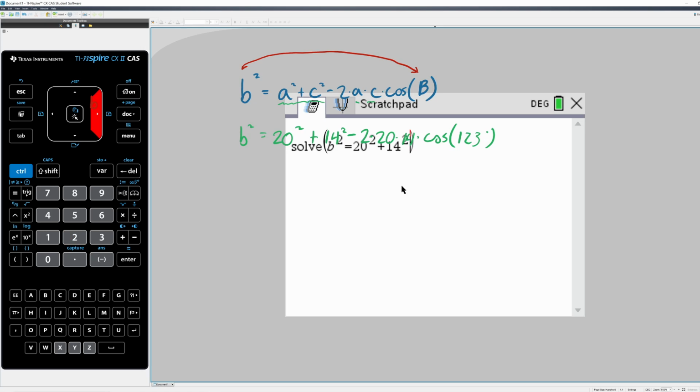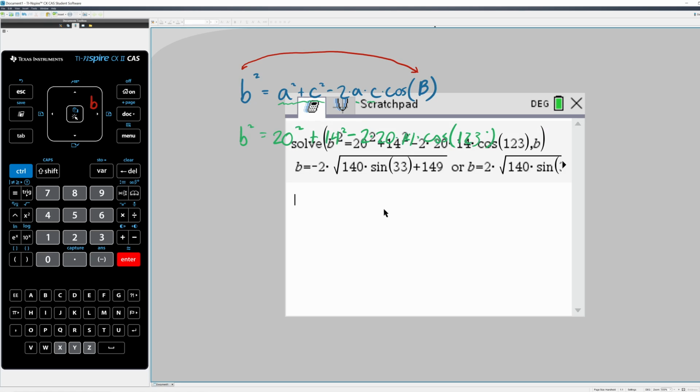My apologies that the pen is going over what I'm typing, but you get the idea. So b squared equals 20 squared plus 14 squared minus 2 times 20 times 14 times the cosine of 123 degrees. Remember, I have to use the solve command, comma, whatever your variable name is. In this case, it's b.